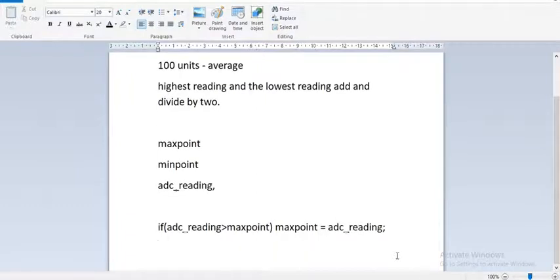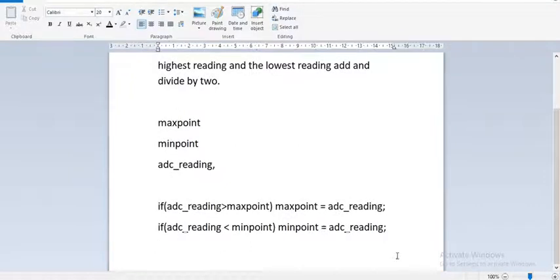Then let's do the minimum point. If ADC reading is less than min point, min point equals ADC reading. Are you getting it?